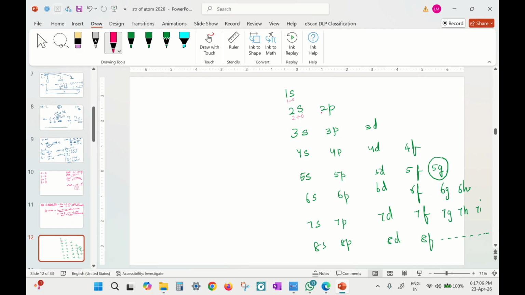Okay. What will be the N plus L value for 2P? We know L is equal to 0, 1, 2, and 3 for S, P, D, F. So what is the L value for P? 1. What is the N value here? 2 plus 1. So 3. So this will be 3 plus 0, 4 plus 0, 5 plus 0, 6 plus 0, 7 plus 0.